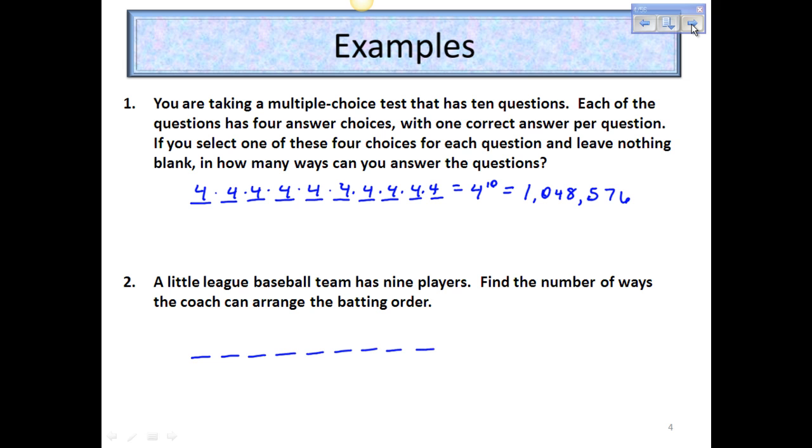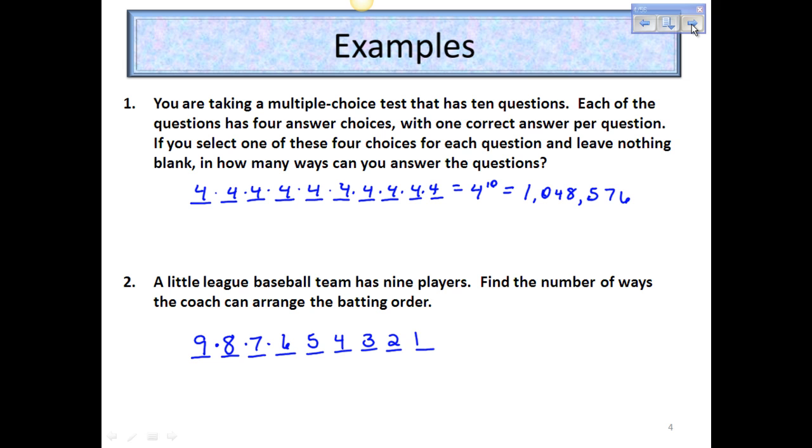Each one batting is an event. How many choices do we have for our first person up to bat? And that is 9. We have 9 choices. But whoever bats in that spot will not be batting in the second spot. So then we only have 8 choices. And the first 2 batters can't bat in the third, so we have 7, and so on, with it decreasing by 1 each time.